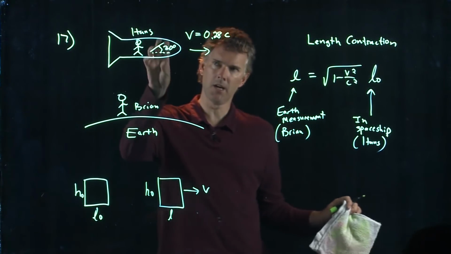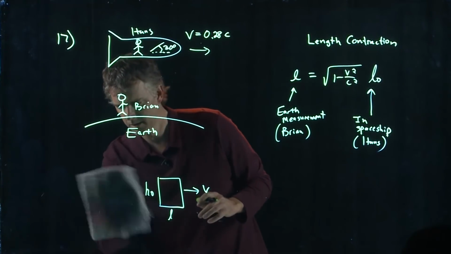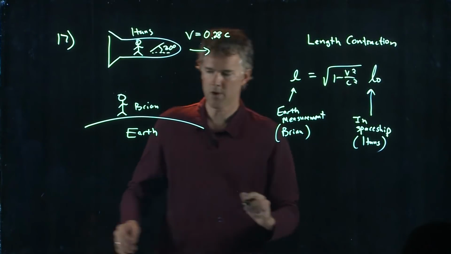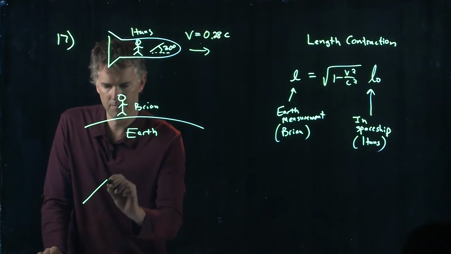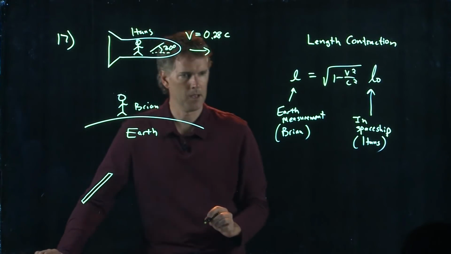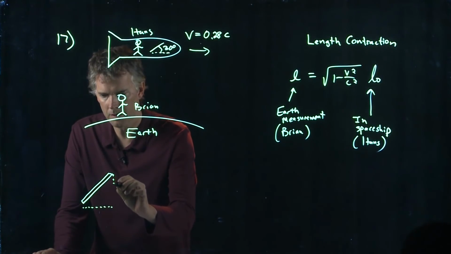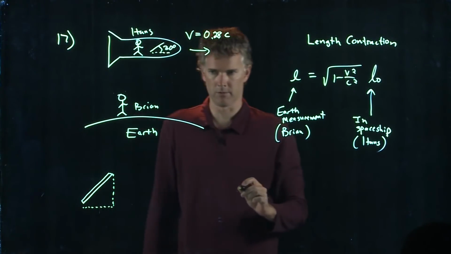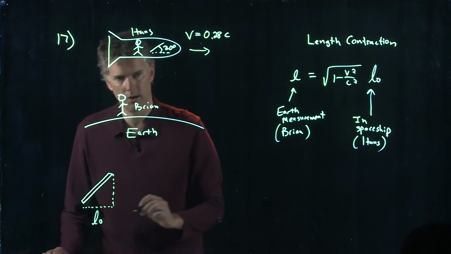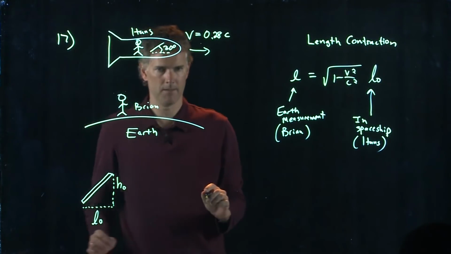So by analogy here, this pencil that is angled looks kind of like a triangle. Here's our pencil. There is a horizontal component and a vertical component. That horizontal component, let's call it L naught. The vertical component, let's call it H naught.